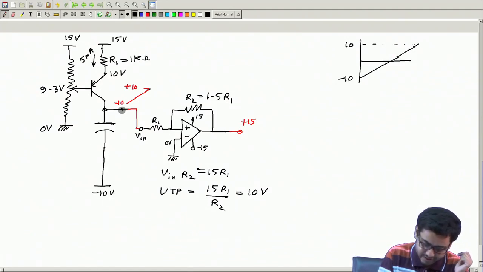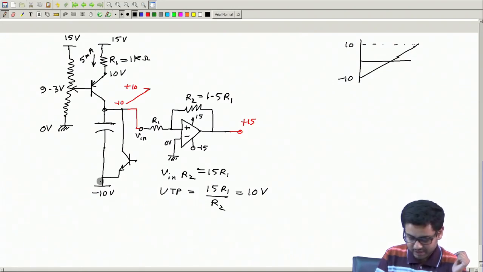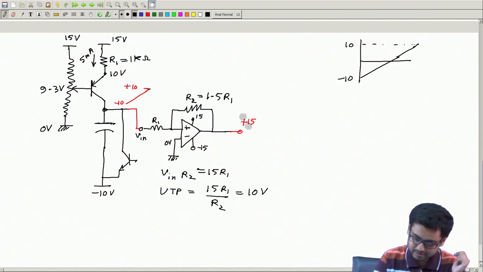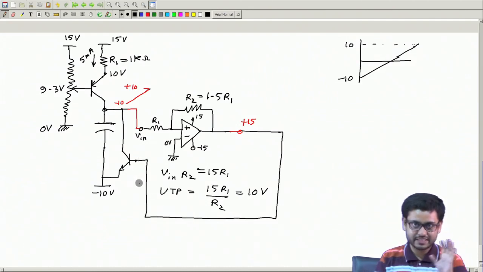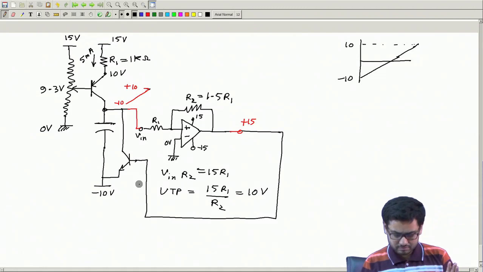Here I will take a transistor based switch. This is at minus 10 volt. If I connect 15 volt there, we may need some voltage adjustment, maybe. I'm not going into that much detail.